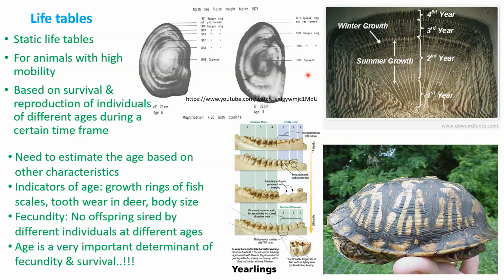collect that sample, and then you have to sacrifice those fish, or jab a forceps underneath their operculum, underneath their gills, break the bone that surrounds their middle ear, and then you grab the otolith. Otolith is a bone, like a middle ear bone, and then you take the otolith out.